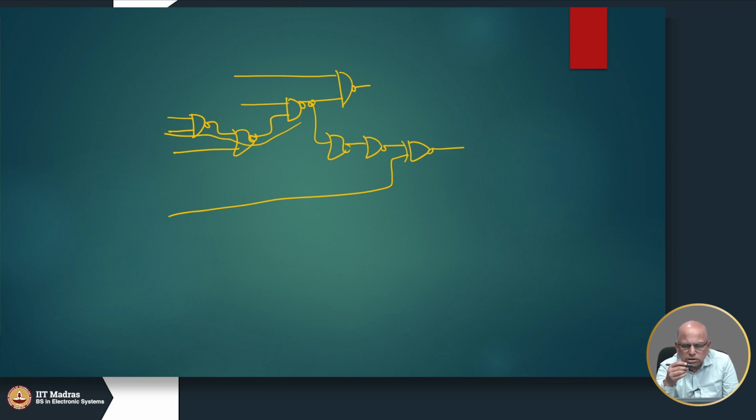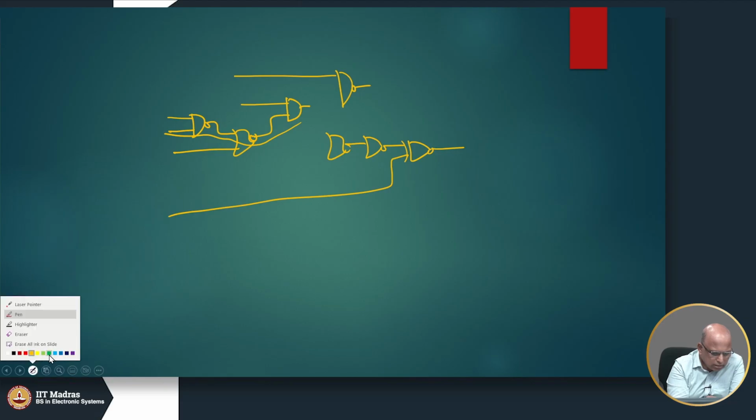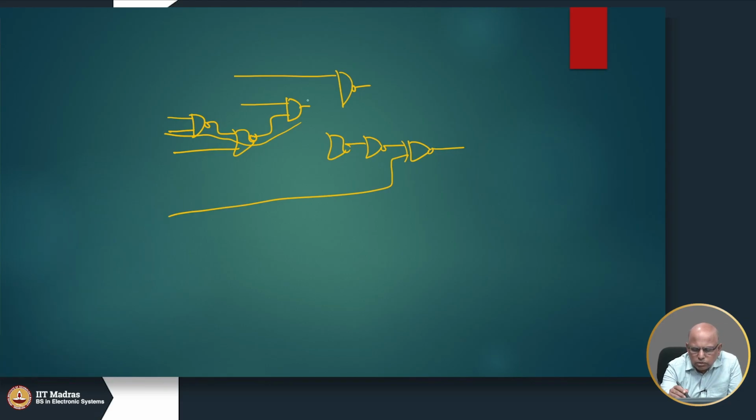So, what is the recommendation? The recommendation is you just modify the circuit and introduce an AND gate here and make this the primary output.